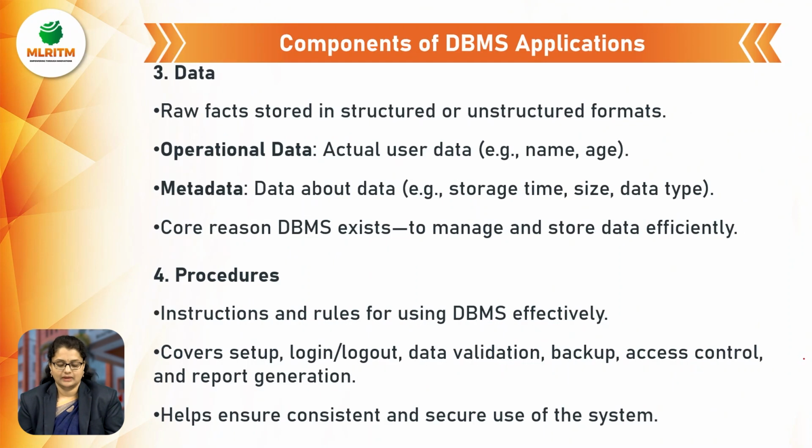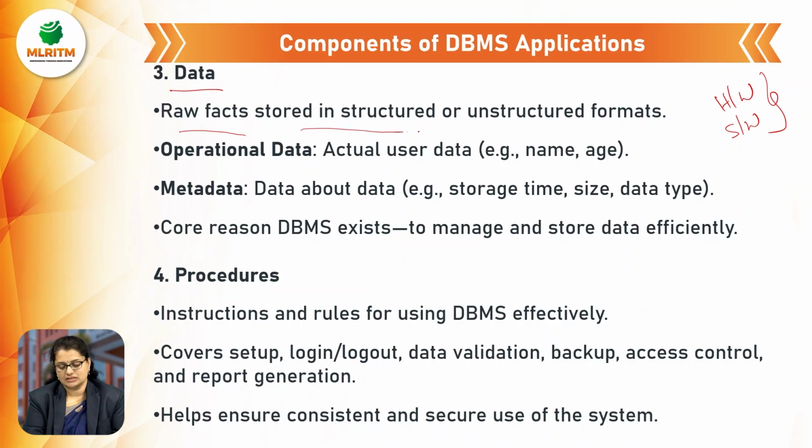And next one, data. We already have hardware as well as software, so after these two, the main thing we require is data. Whichever application we are building, we gather the data, either metadata, or structured data and semi-structured data. Data is a raw fact stored in a structured or unstructured format.